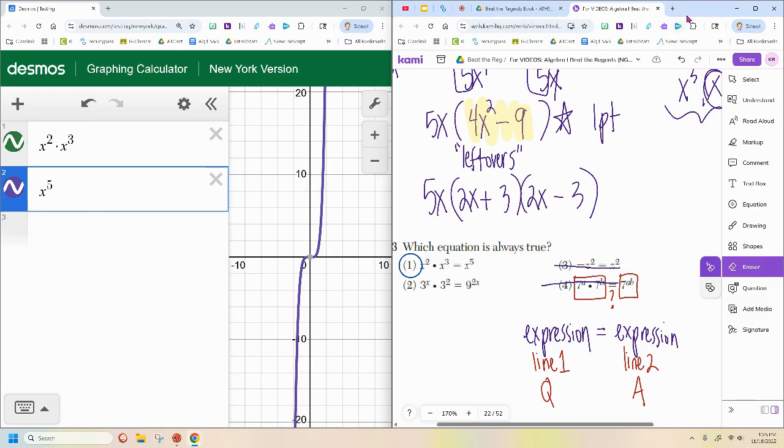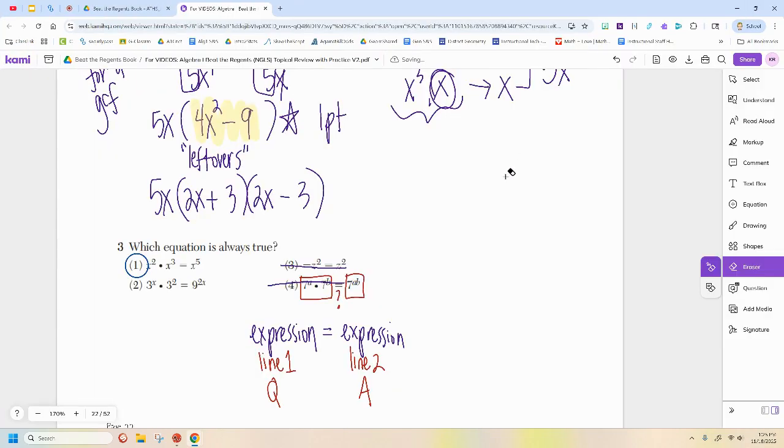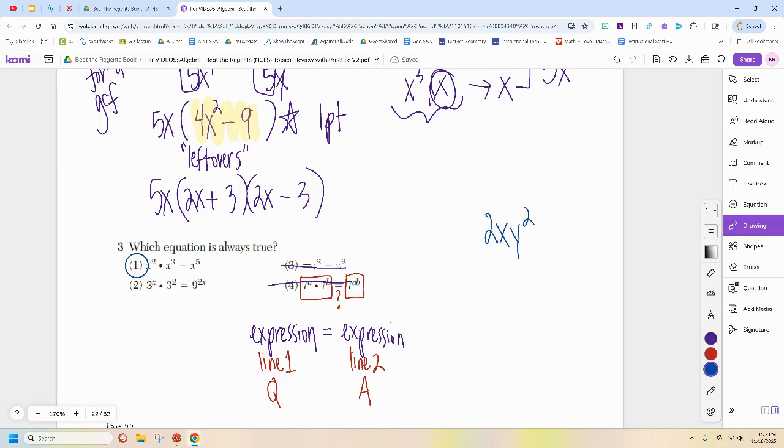All right, so the last thing that you're going to see in these, and I don't have an example here in the book. We just saw it in an exam, and that's why it's fresh in my head, is it gave us an expression like 2xy squared. And the problem is it's not x, like y equals mx plus b.